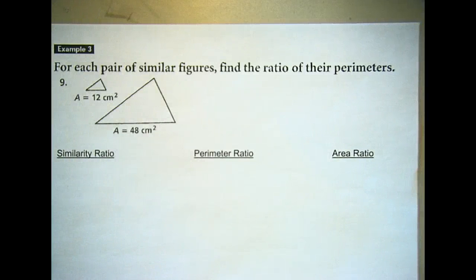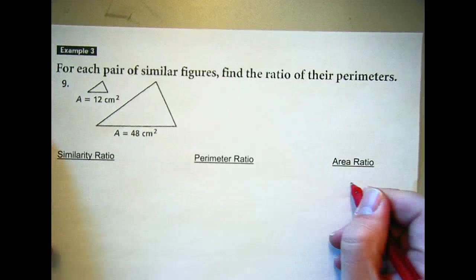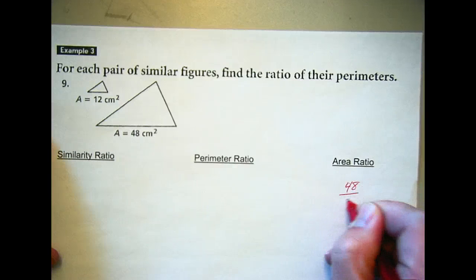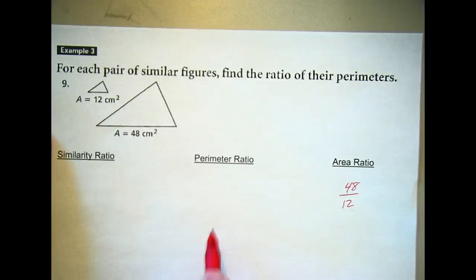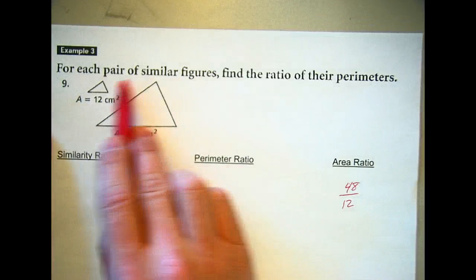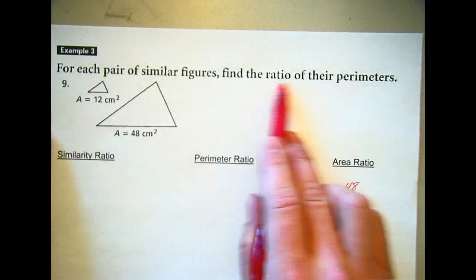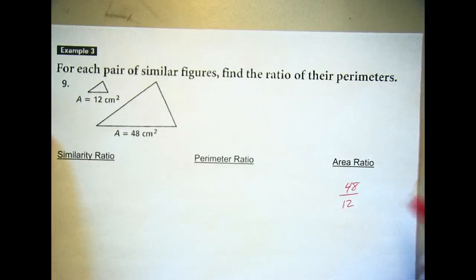Ben? You can do 48 over 12 and then square root that into the ratio. Okay, so they give you 48 over 12. So we could take the root of it to find the similarity or perimeter ratio, right? We're trying to find the ratio of their perimeters. Okay.